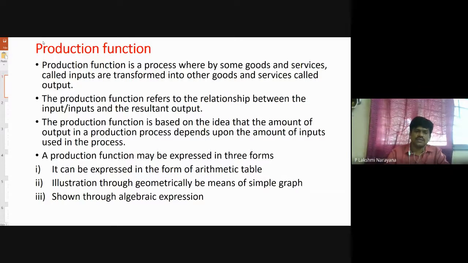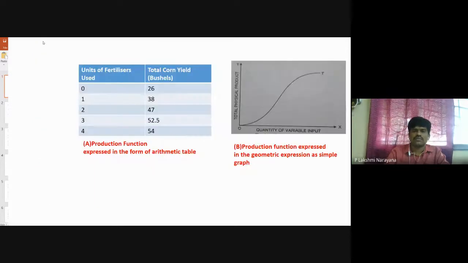These three are the ways to discuss the production. If you see the first one, what is that? Tabular form and graphical form. And the next one is equation form. So first one, arithmetic form.